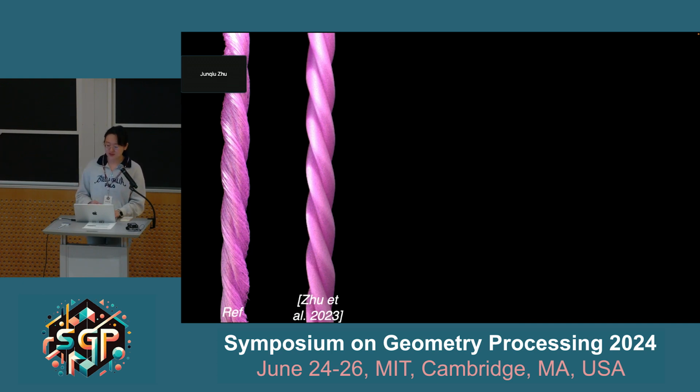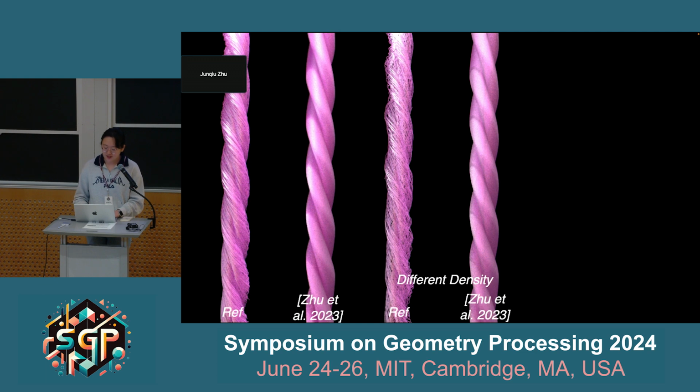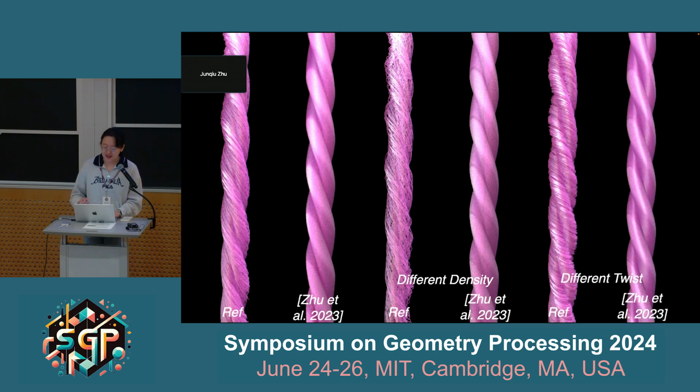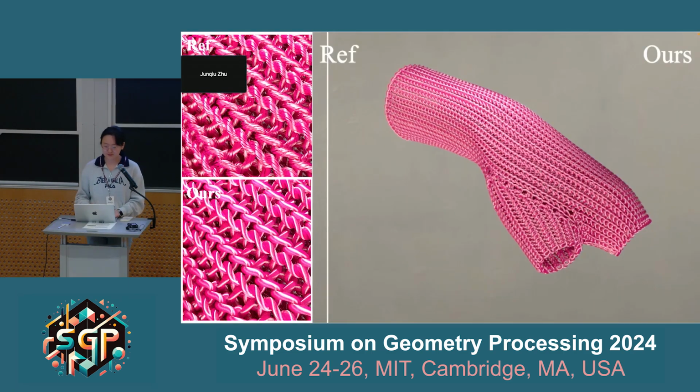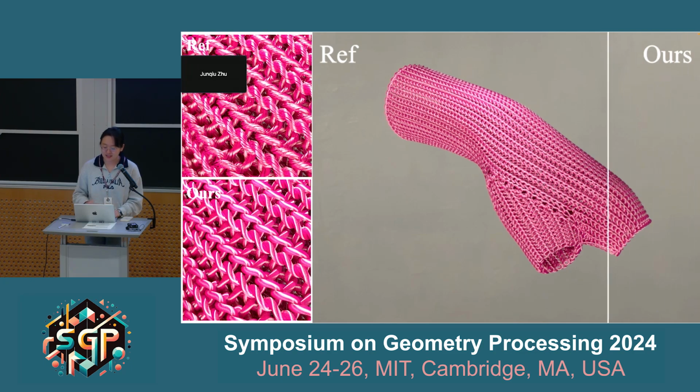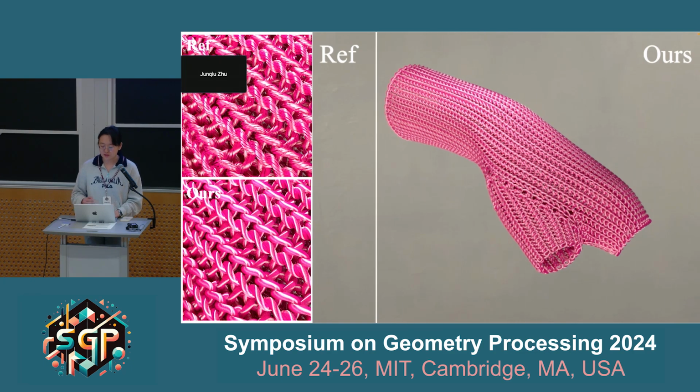Comparing the yarn-based model to the fiber-based yarn, even when we change the geometry parameters such as different density and fiber twist angle, which can affect the yarn appearance, this method can successfully reproduce both geometry and shading. Here we show the rendering result of this method on the knitted glove, including both far field and near field observation.